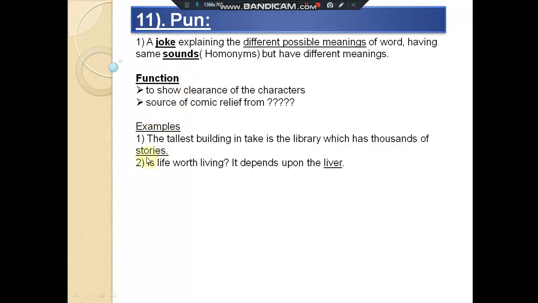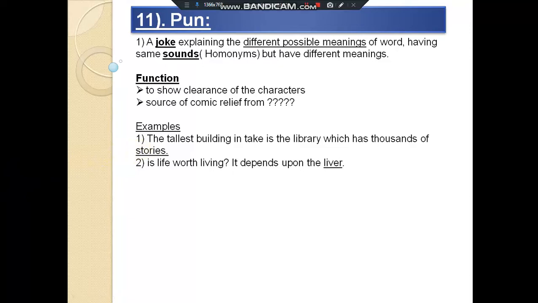You can observe that stories, on the one hand, can give the meaning that this building might have some controversial aspects, or some elements of fear related with it. That different stories, different tales are associated with it.